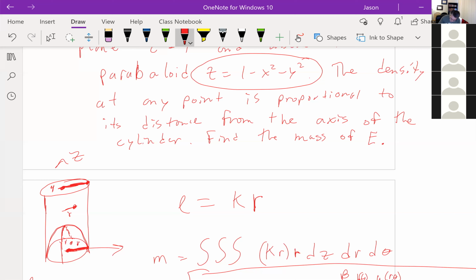And so what's the volume that we're really looking at? We're really looking at this volume here, that's above this.